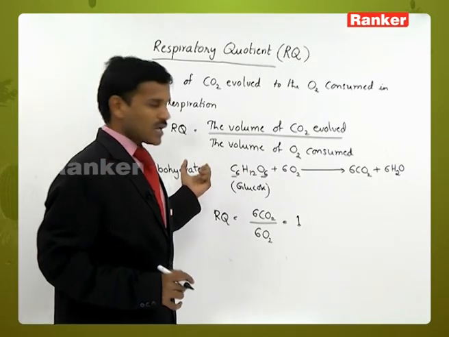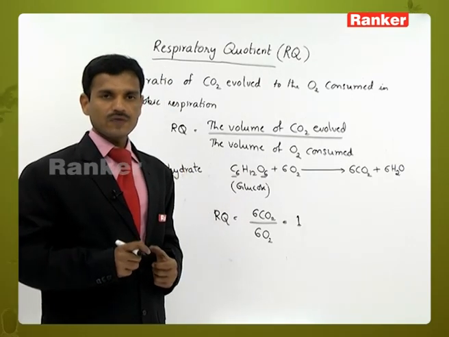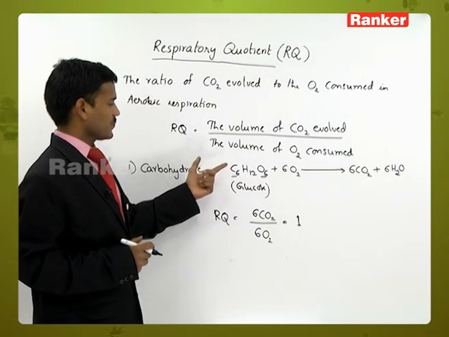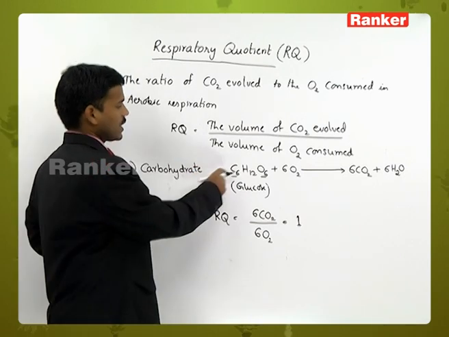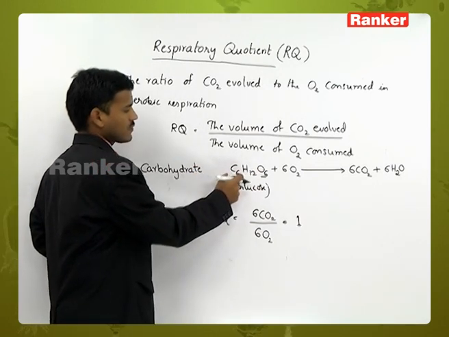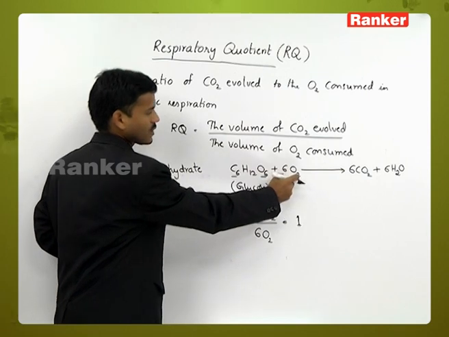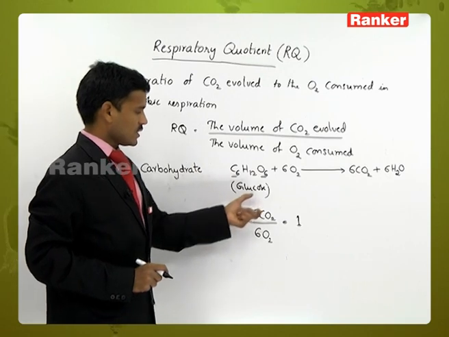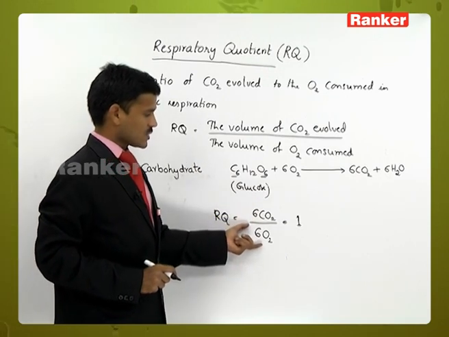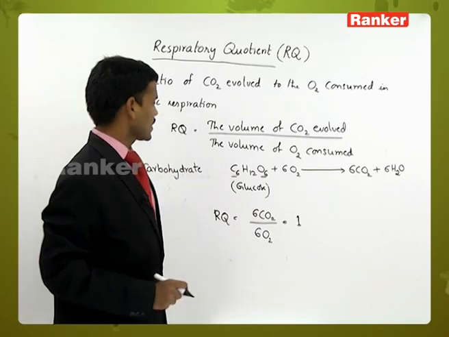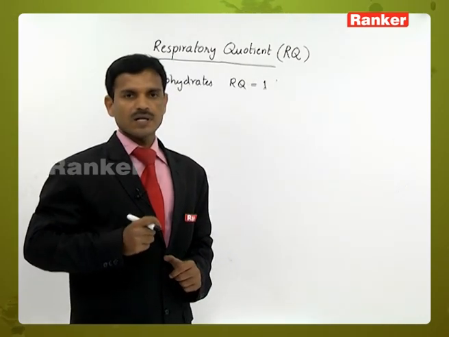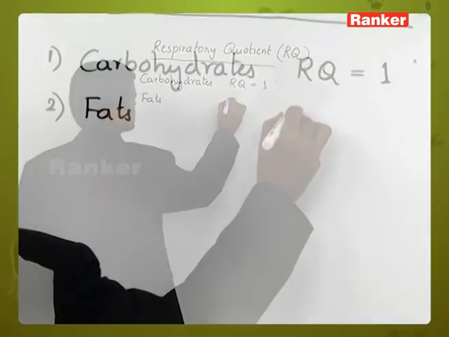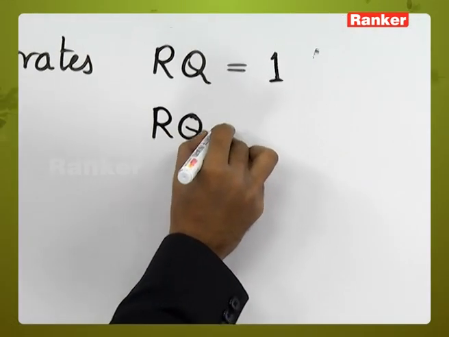Because the ratio between carbon and oxygen is the same, only 6 oxygen molecules are needed. If fats are involved in aerobic respiration, the RQ value is always less than 1.